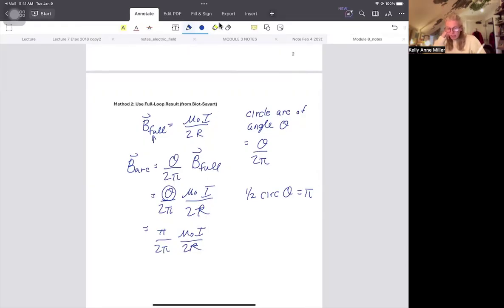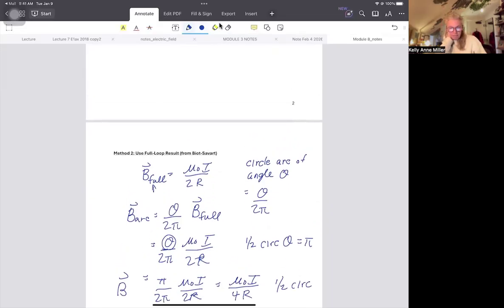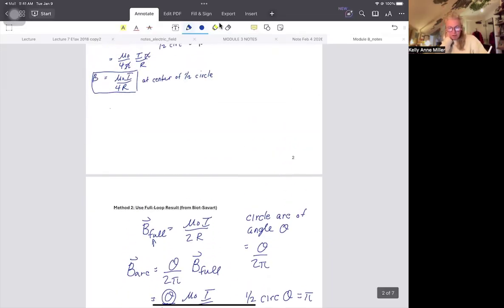The pi's cancel, and 2 times 2 is 4. So I get mu naught times I over 4 times R. And that's the B field for half of a circle, and it's the same as what I got up here.